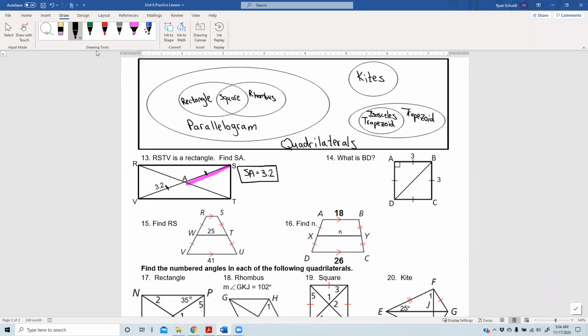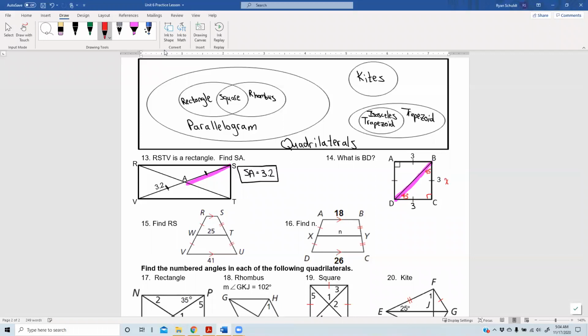Okay, 14, what's BD? BD would be this segment right here. Now, all sides of this square are 3. If we recall, on a square, we have a 45-45-90 special right triangle.